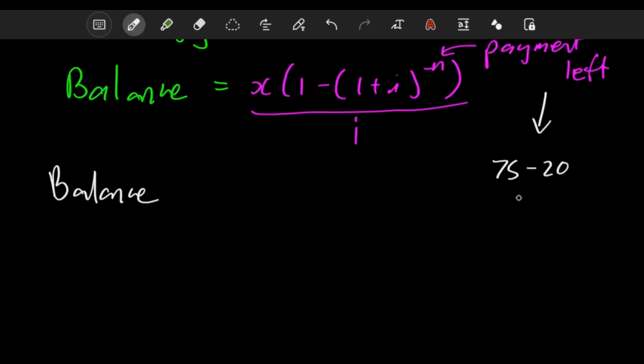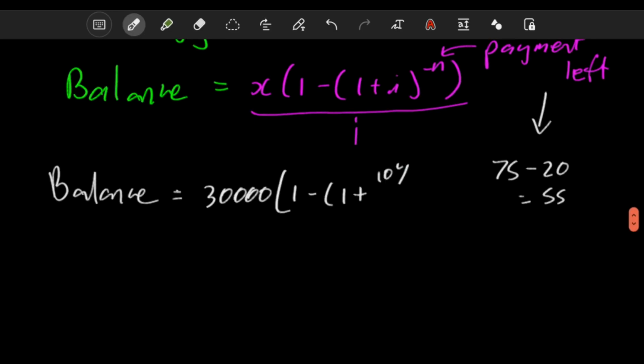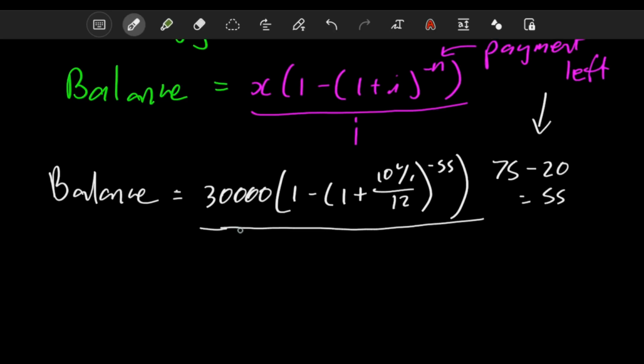Minus 20. So the payments that would have been left would just be 55. So here X is 30,000. And then our interest, we know it is just 10%, so it is 10% over 12. And then our value of N here is just 55. And then the whole bottom here, you're going to put the 10% over 12, like that.